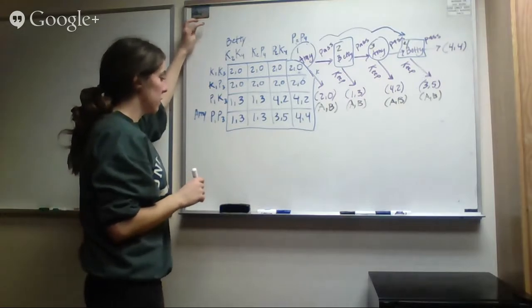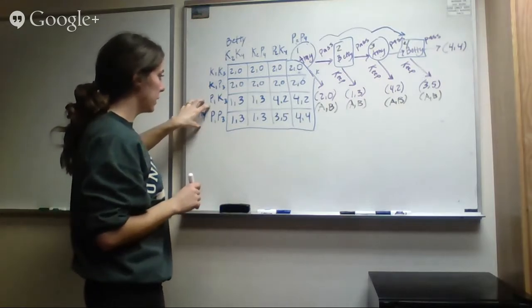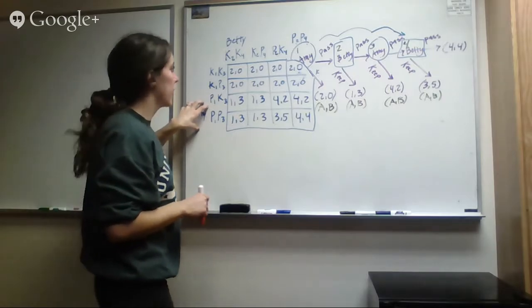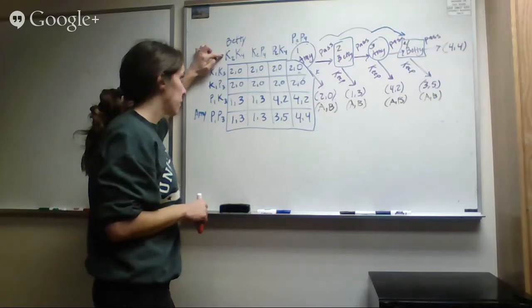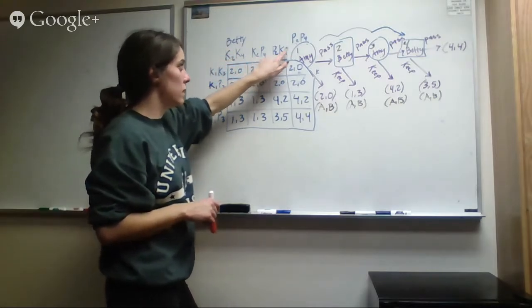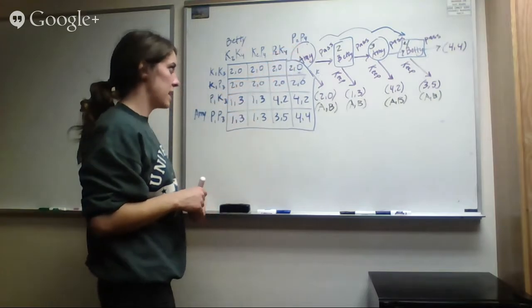So right now we're going to look at where Amy wants to be. We're going to do that by looking at each of these types of Betty that we could be dealing with and figuring out the Nash equilibrium.